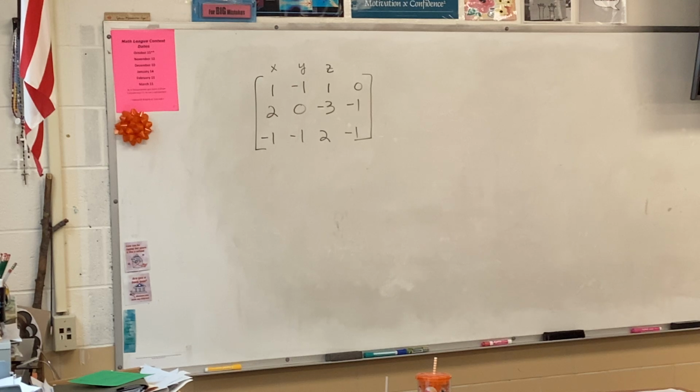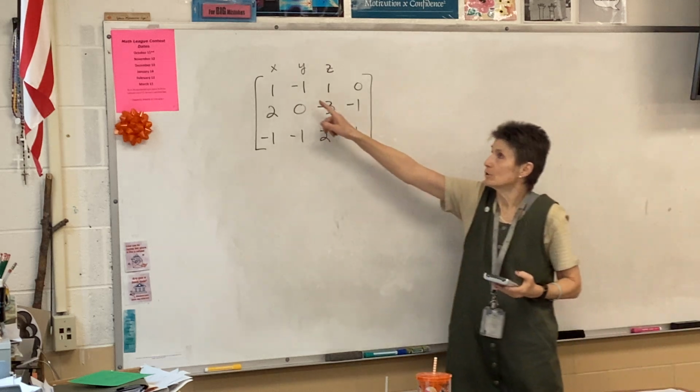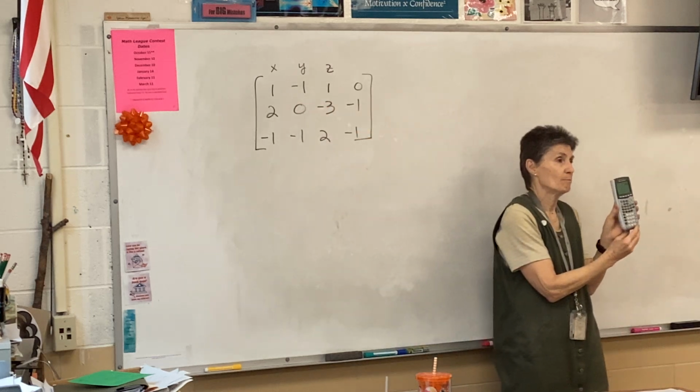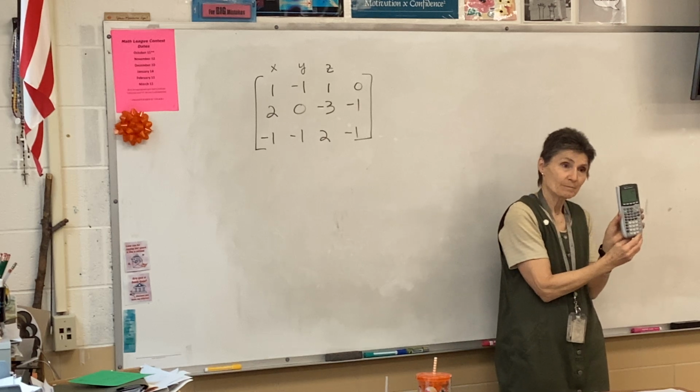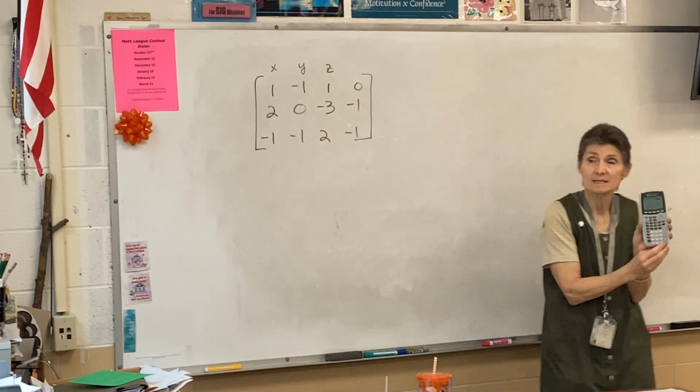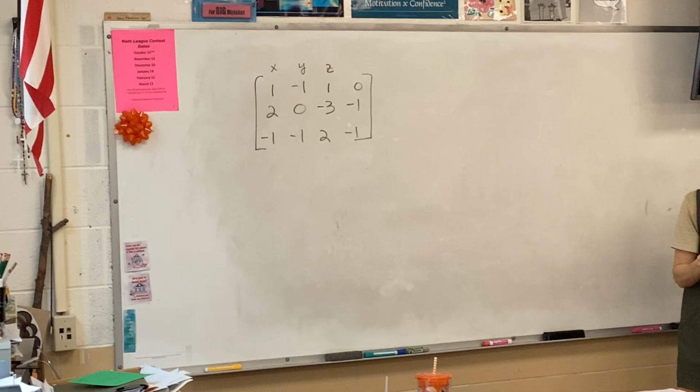All right, so we're going to type our new numbers in, making sure that you're using the negative button, not the subtraction. You'll get an error. So we need the negative button.